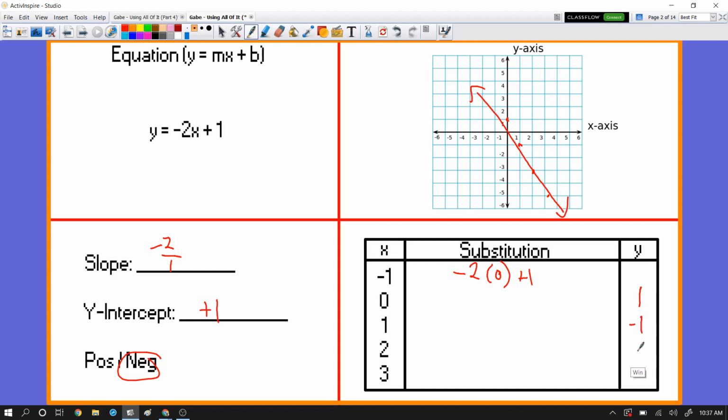So -1, -3, -5. Now, if you do that, just make sure that you know that -2 times 0 is 0, plus 1. Oh, that's okay. Sorry, that one should be right here. Plus 1 is 1. So that checks out.